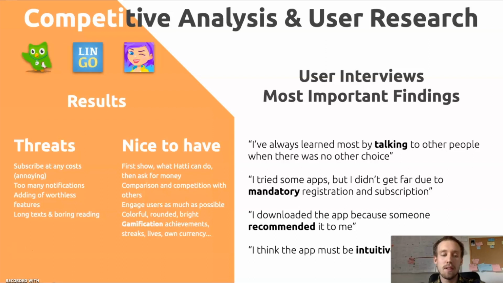Users should compete with each other and compare their scores. During the studying process, they should be engaged and interact as much as possible. The interface of the app should be colorful, rounded, bright, and most importantly, the app should have strong gamification, meaning achievements, streaks, lives, currency, etc.